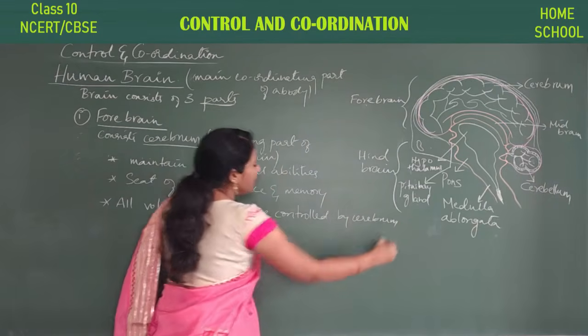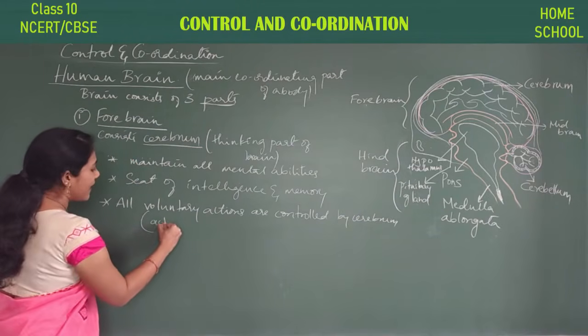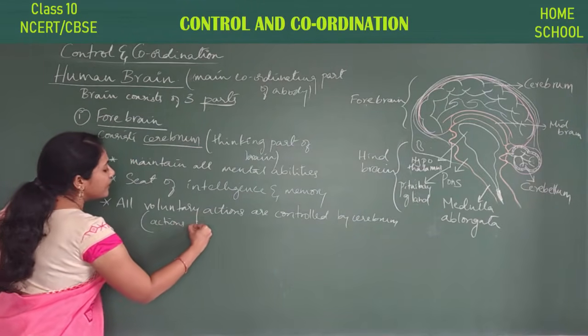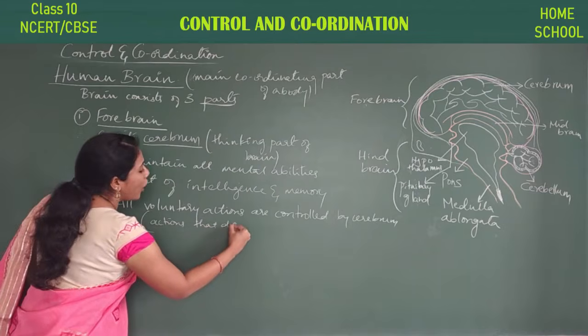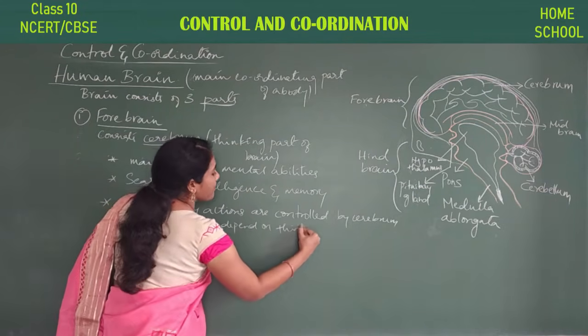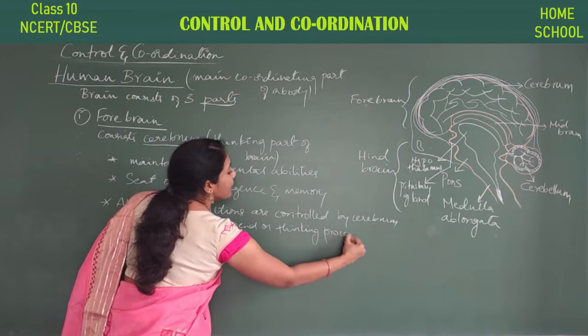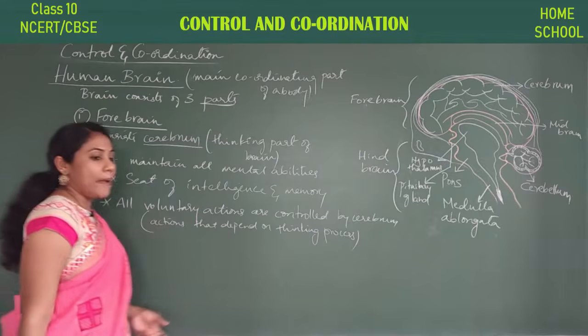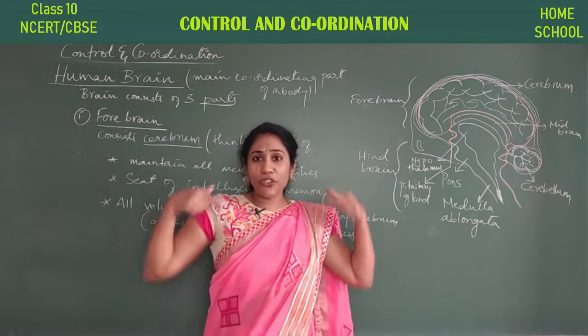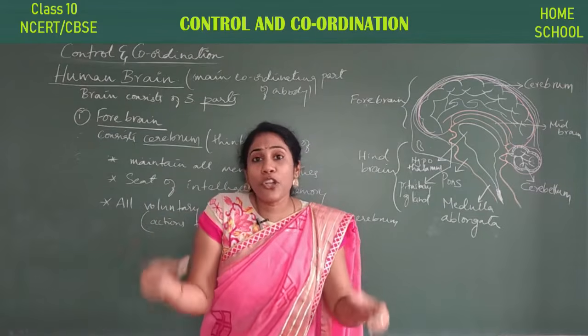What do you mean by voluntary actions? Voluntary actions are actions that depend on the thinking process. For example, if you want to walk, first you should think that you have to walk, and also think when to stop walking.